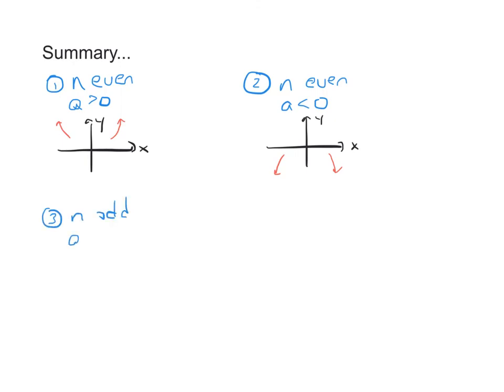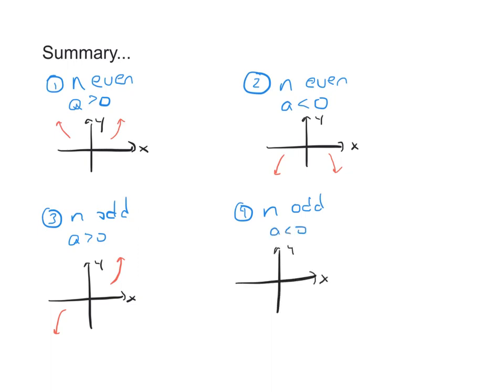If n is odd and our leading coefficient is positive, we know that our graph rises to the right and falls to the left. And again, if n is odd and the leading coefficient is negative, we have the opposite, where our graph rises to the left and falls to the right.